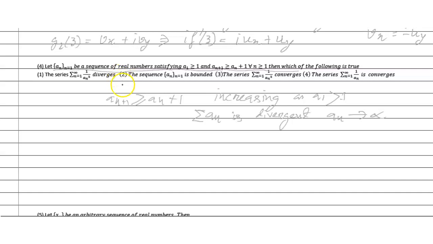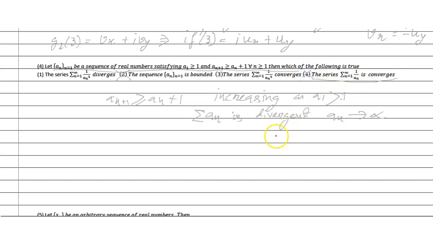So friends, a_n is bounded, this is not possible. Number 2 is wrong, and the series a_n squared is convergent and the series a_n is convergent. So a_n is convergent, this is not possible.